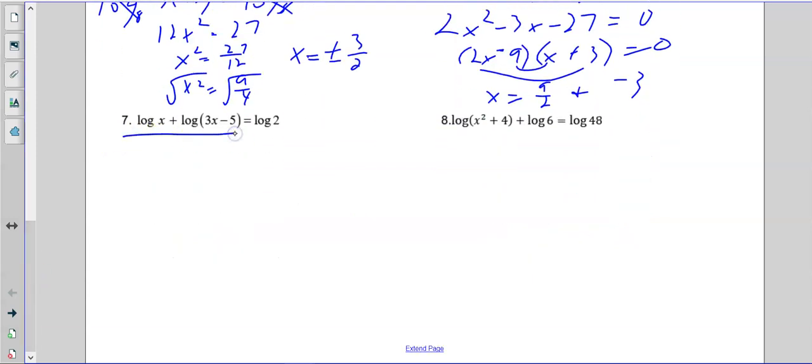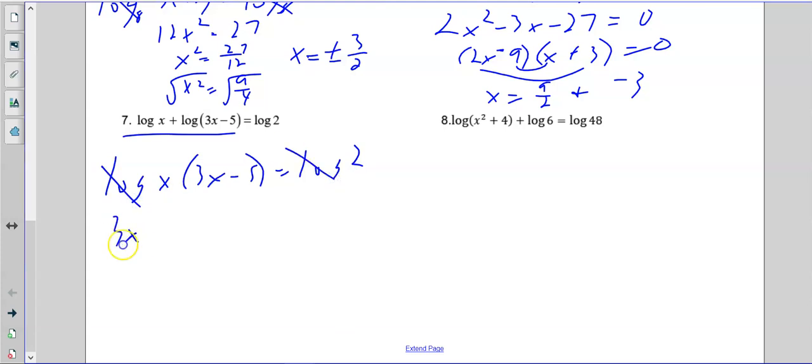Number 7, combine them, condense. So we have plus, that means times, so we write log once. X times 3x minus 5 equals log 2. Once we have one log on each side, 3x squared minus 5x equals 2. Oh, sorry, my bad.